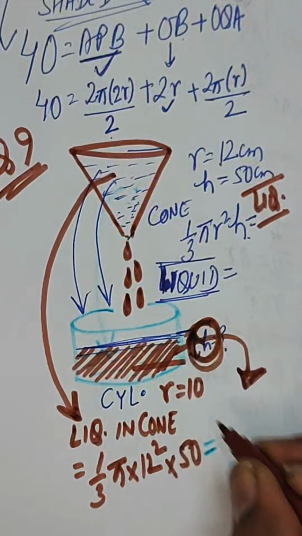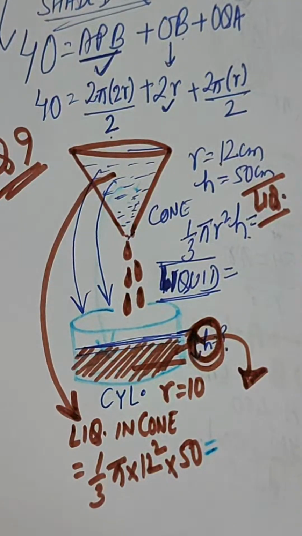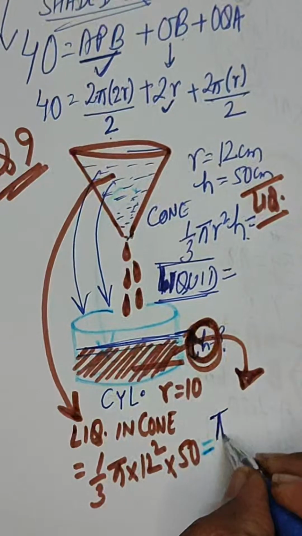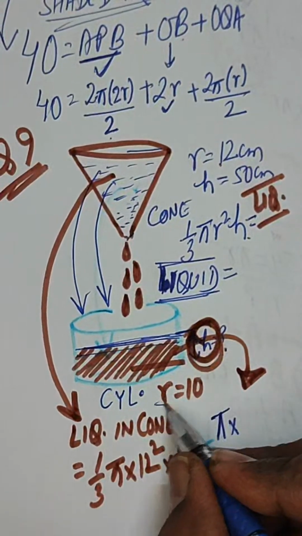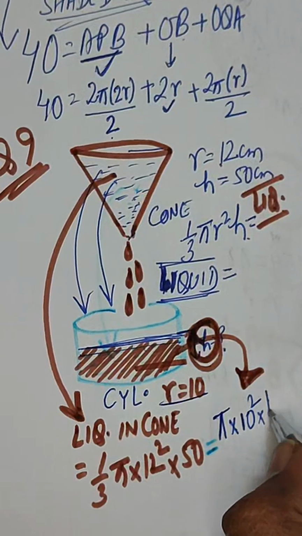Just see this height h. So this will be equal to pi r square h. Cylinder volume is pi r square h, and r is given to you as 10 over here. So pi into 10 square into h.